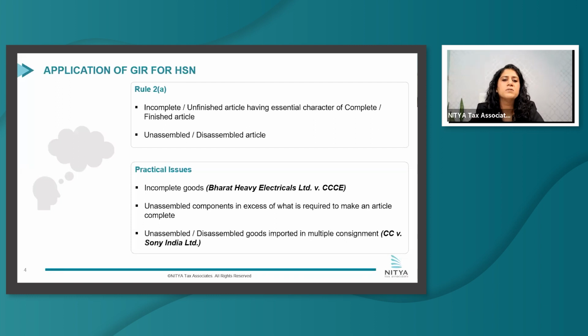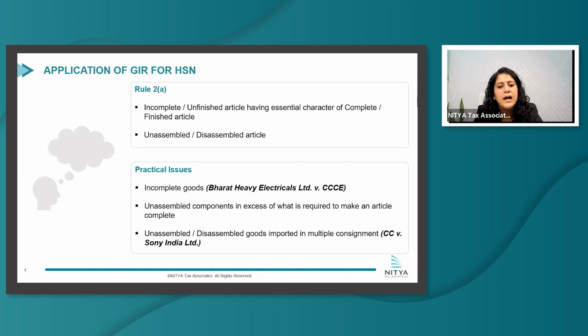Another issue that has come up before the court with respect to unassembled and disassembled goods is when you're importing in multiple consignments. Let's say you're setting up a new manufacturing unit, so you import certain components and parts in multiple consignments.